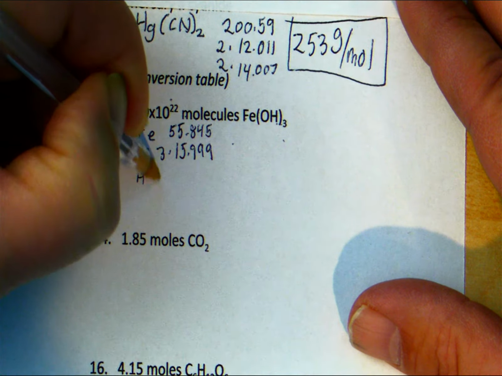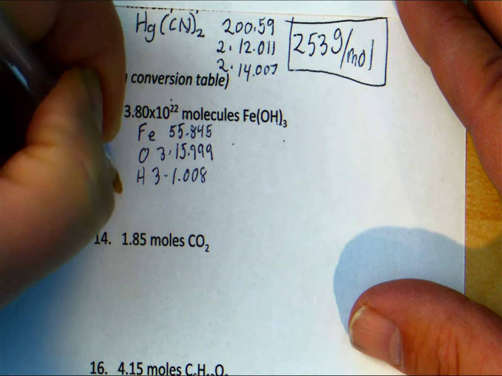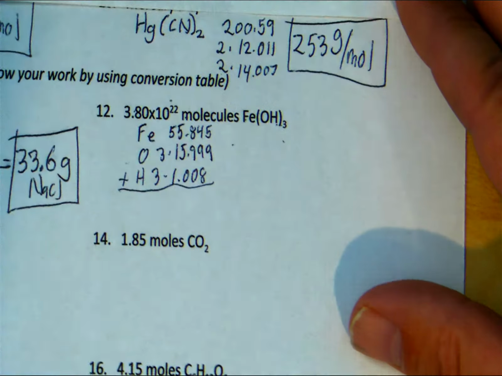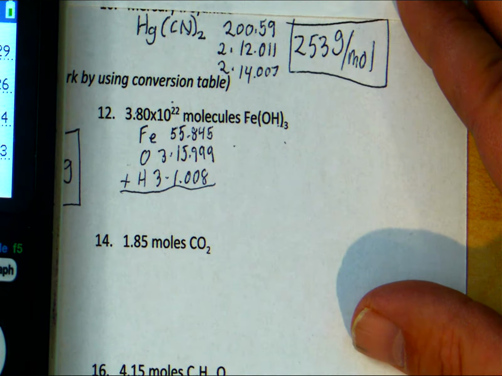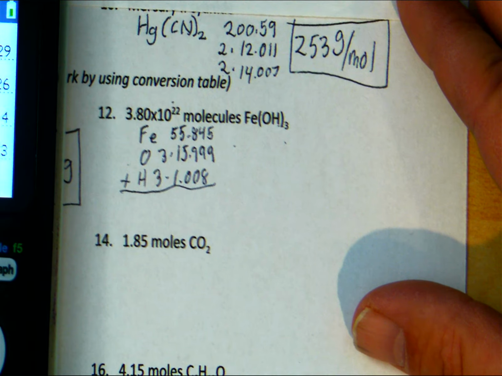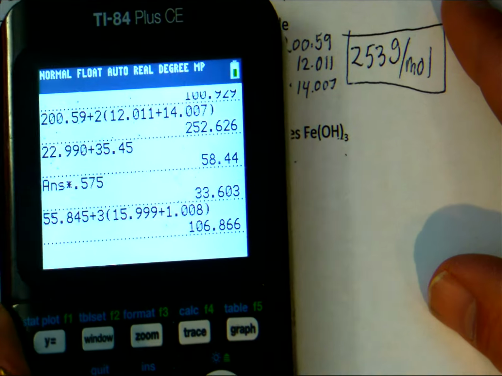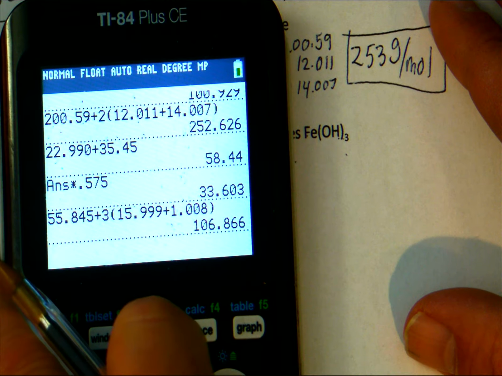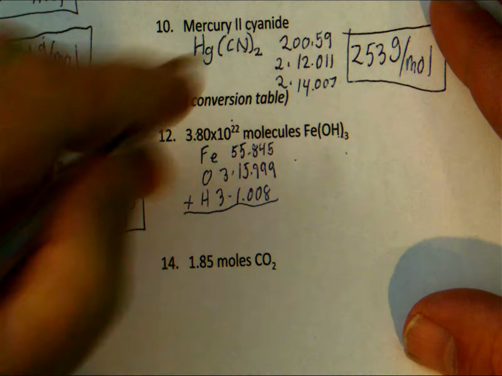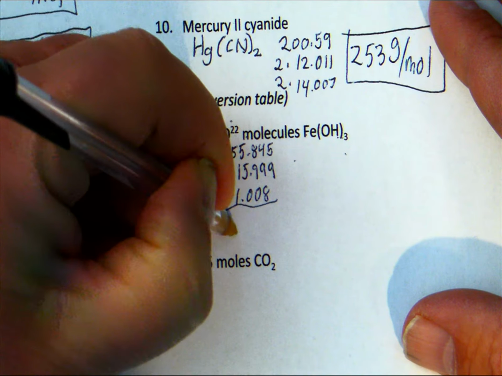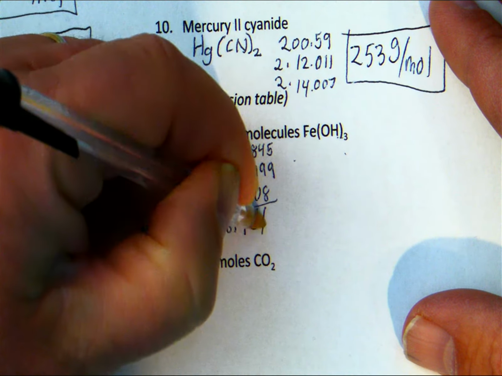So for the hydrogen, it's 3 times 1.008. 55.845 plus 3 times, open parentheses, 15.999 plus 1.008, close parentheses, enter. And it says I get 106.9. I'll do it to 4 digits, right? 106.9 grams per mole.